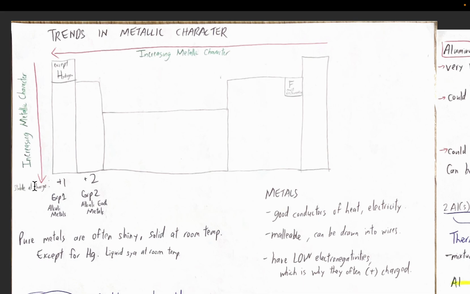I want to know, what is the most electropositive element? Cesium. Is cesium a metal? It is an alkali metal. Okay, it makes sense.